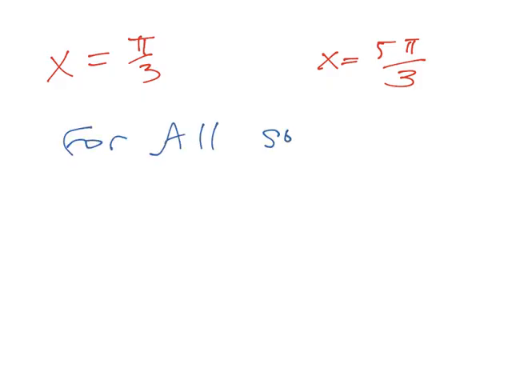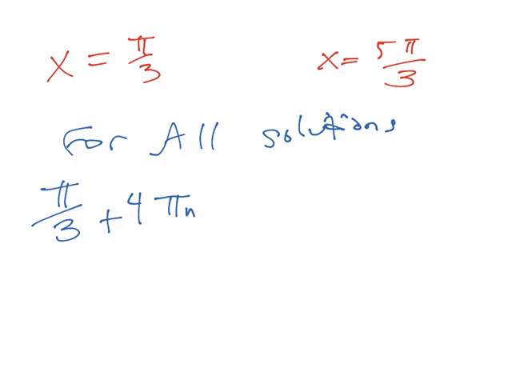So when I'm talking about all solutions, because we know right now we have x is pi over 3 and x is 5 pi over 3, instead of just adding 2 pi, I'll have pi over 3 plus 4 pi n, and I'll have 5 pi over 3 plus 4 pi n, where n is any integer.